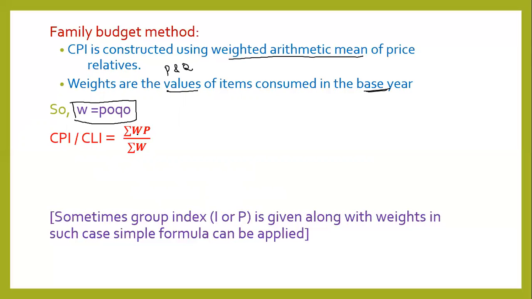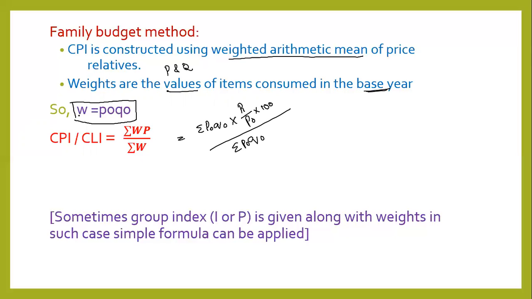That means we multiply the weights by the price, and then divide again by the weights. Now when you say weights, w, it is summation p0 q0 into, when you say p, it is p1 divided by p0 into 100, the whole divided by summation p0 q0.